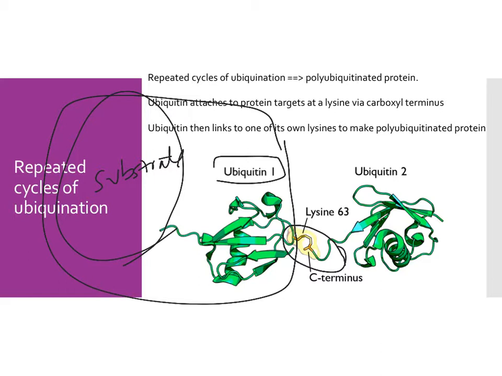So what I'm really trying to say is that every time a new ubiquitin is added onto the tagged substrate, it's always moving to a lysine residue, and you're always making a new peptide bond. So you get a polyubiquitinated protein, and it just keeps going around and around again.